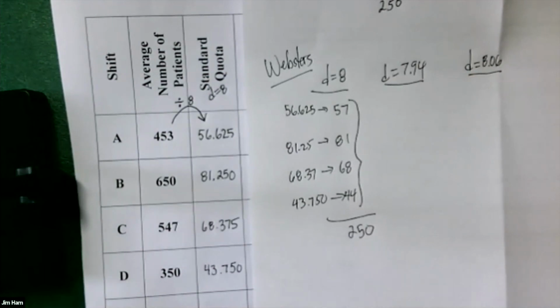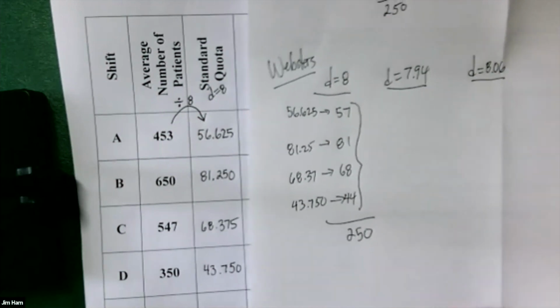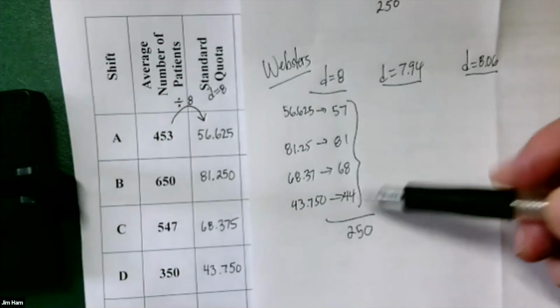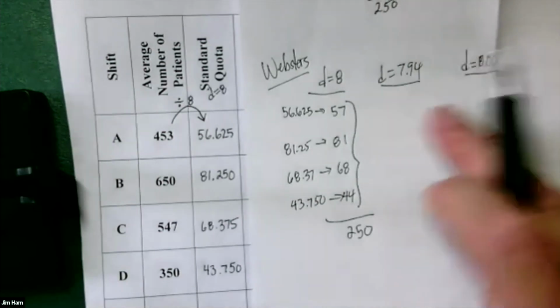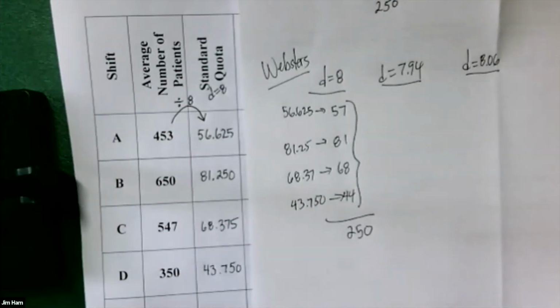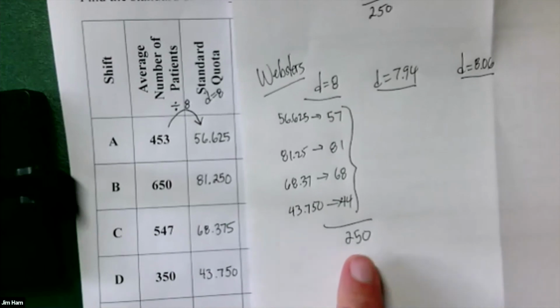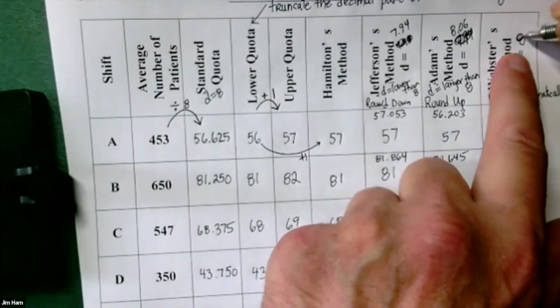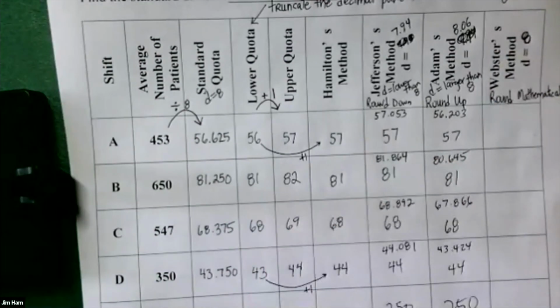So at this point, you're done because you match 250 perfectly. So what we're going to use is the modified divisor. We're going to round mathematically, and these are the allocations we're going to use. I don't even need to go further with these other ones because we found something that would work. So over here, we're going to let D equals 8. Instead of using a modified divisor, we're going to use the standard divisor because it works.